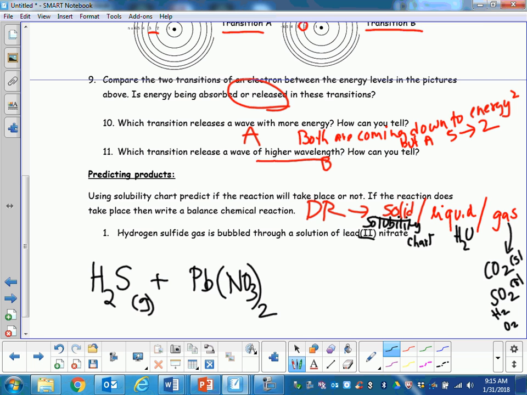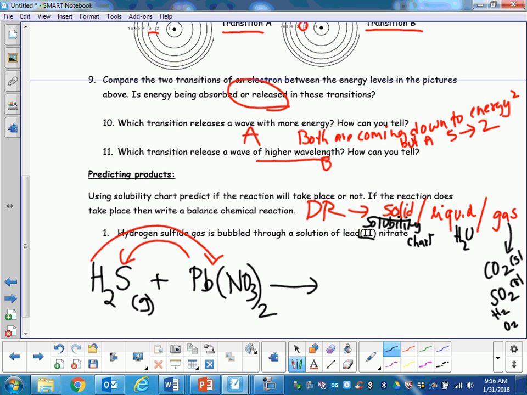Now, what is the switch? Alright, the switch has to happen like this. Remember the inside out mix? Is that right? Remember a double replacement reaction? So one of the products is hydrogen nitrate, alright?